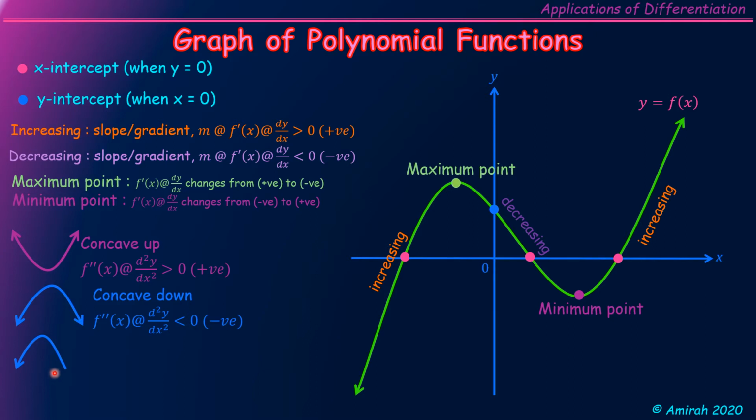Let's say the concavity changes from down to up, and then we have one point here. This is called inflection point. Inflection point happens when the concavity changes from up to down or from down to up.